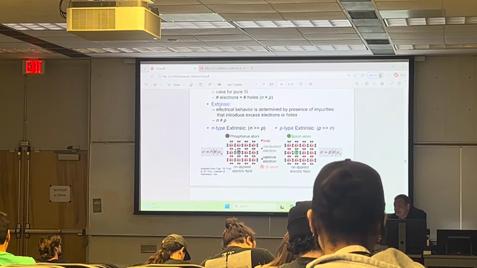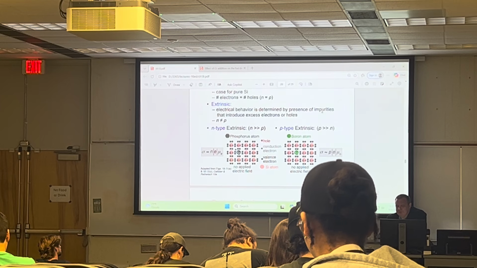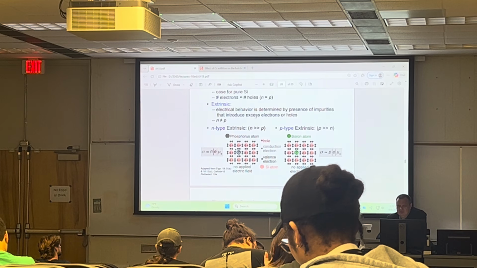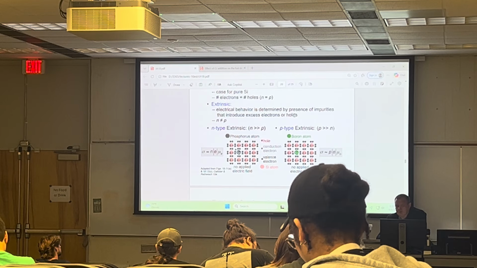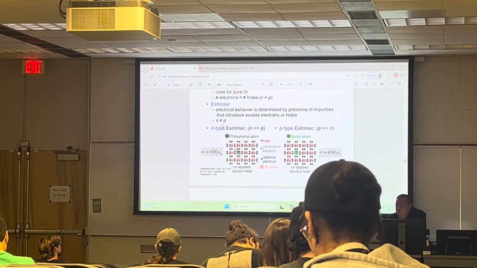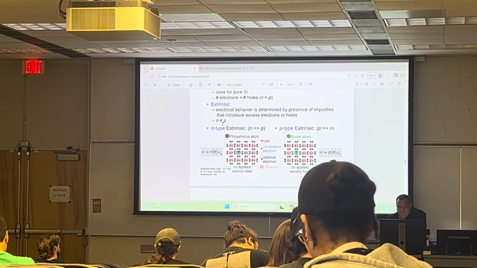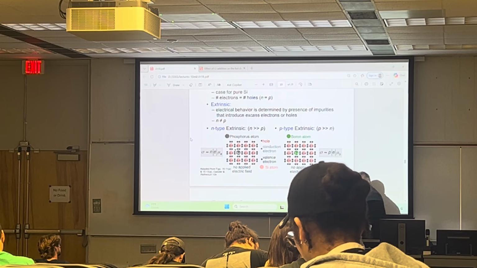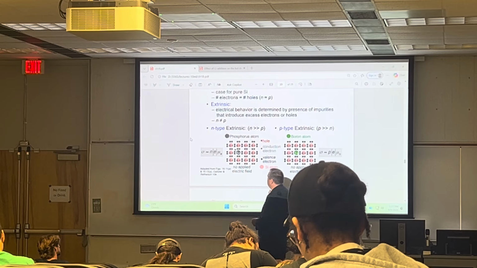For extrinsic semiconductors, this behavior is determined by the presence of impurities that are introduced with excess electrons or excess holes. So the number of electrons is not equal to the number of holes. And there are two types of extrinsic semiconductors, n-type and p-type.